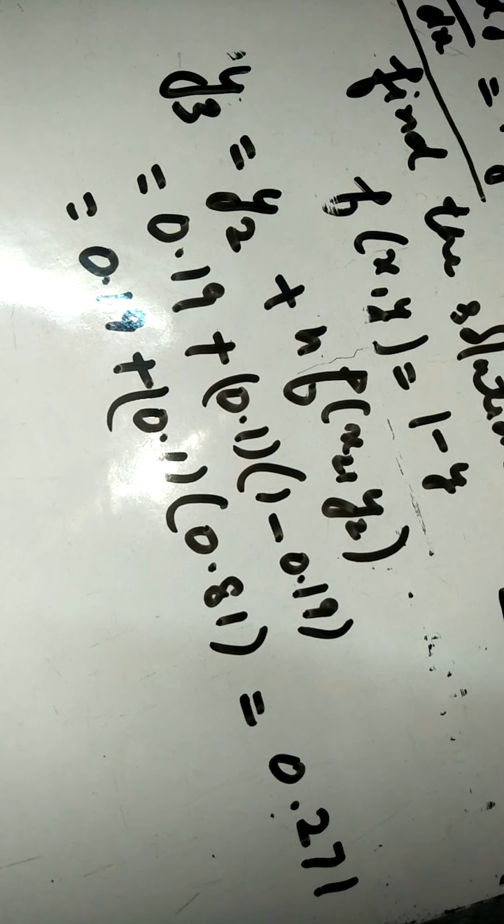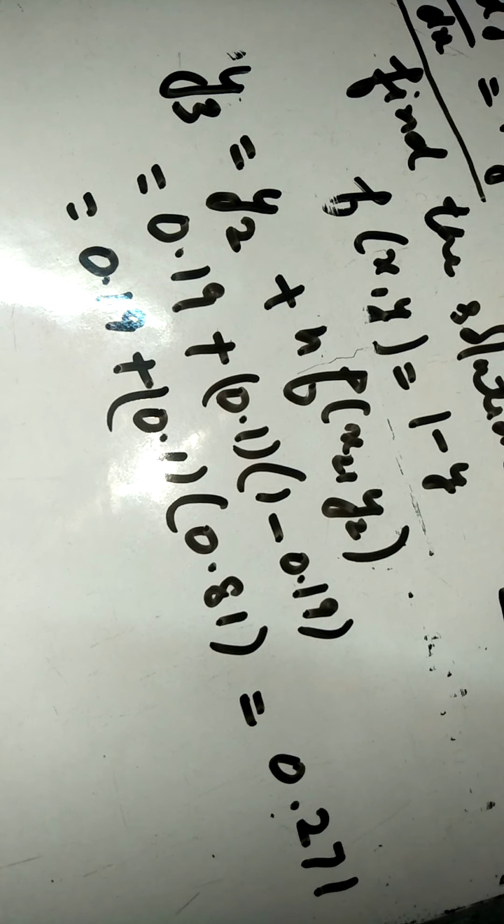First of all we apply the Euler's formula, then we get yi0 equals yi minus 1 plus h by 2 into f of xi minus 1 comma yi minus 1 plus f of xi comma yi.